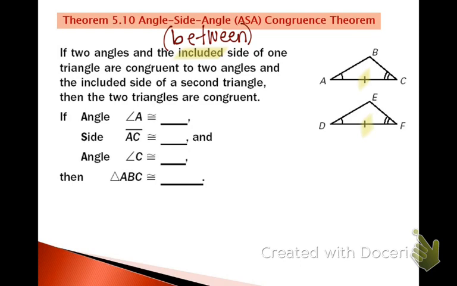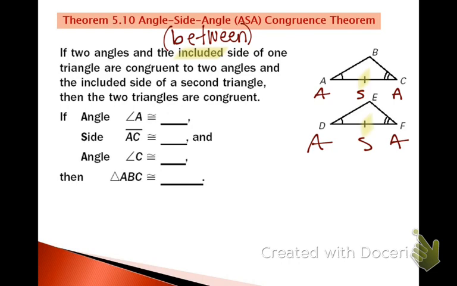My side is included between the two angles. This is what makes it angle, side, angle. All of my information is on one side of the triangle. So if two angles and the included side of one triangle are congruent to the two angles and the included side of a second, then the triangles are congruent. So this should say angle, side, angle.